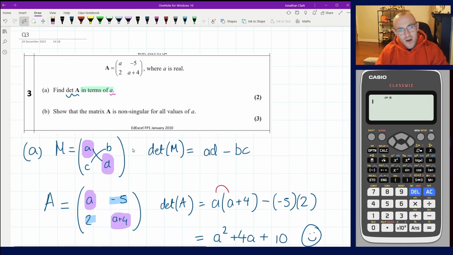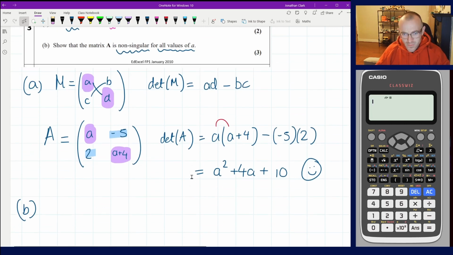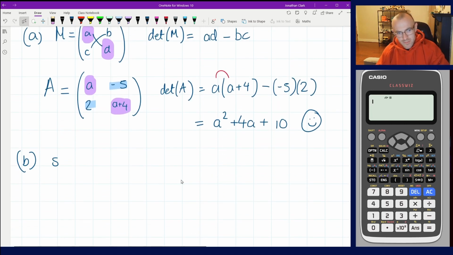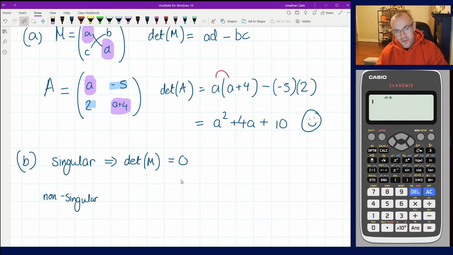Part B says show that the matrix is non-singular for all values of a. So, singular means that the determinant of the matrix is equal to 0. So non-singular means essentially not that.